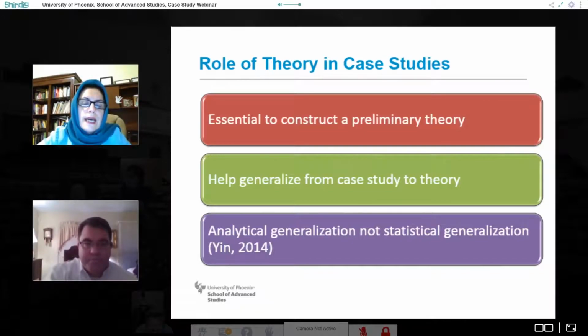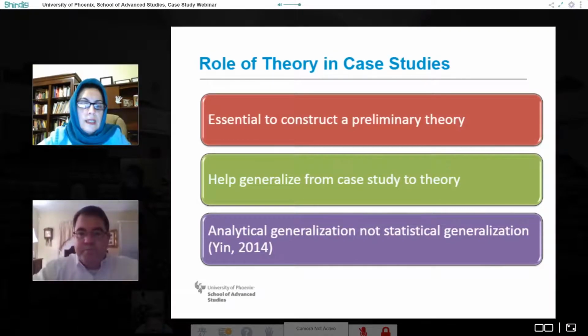When you have this proposition and conceptual framework, you would be more equipped to come up with a generalization. But don't forget that this is not a statistical generalization like we have in quantitative studies. Here, we simply collect data regarding cases.